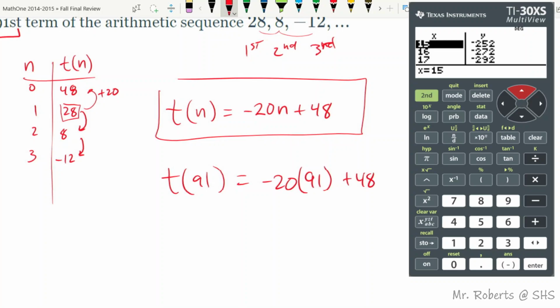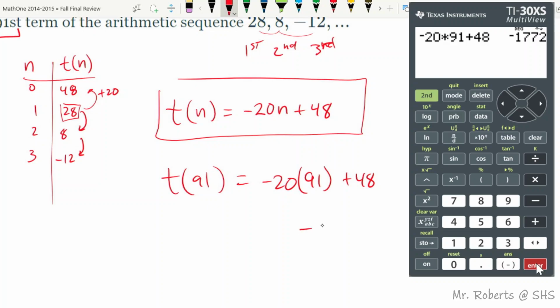So the 91st term, if I just do the arithmetic, let me quit the table. It's going to be negative 20 times the number 91, and then to that I'm going to add 48. I get exactly negative 1,772. And just as a confirmation, I can go back to the table.